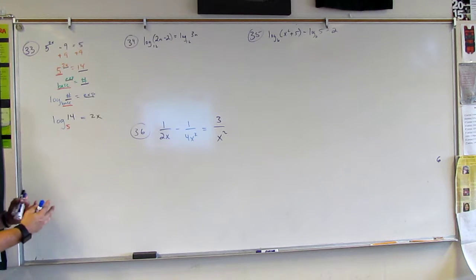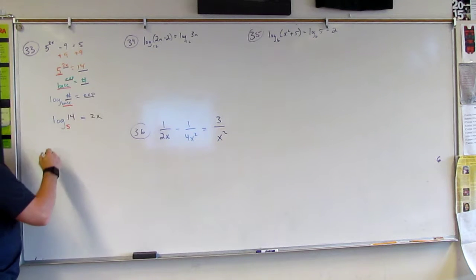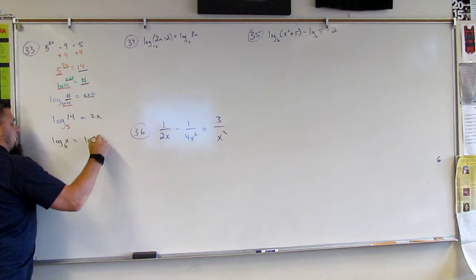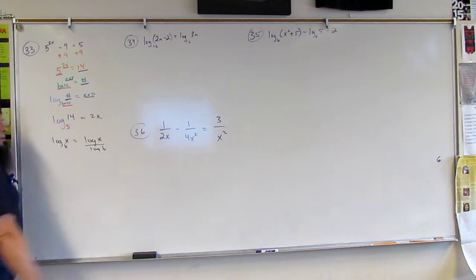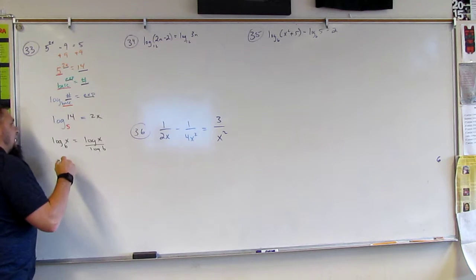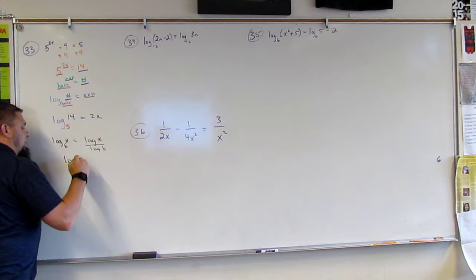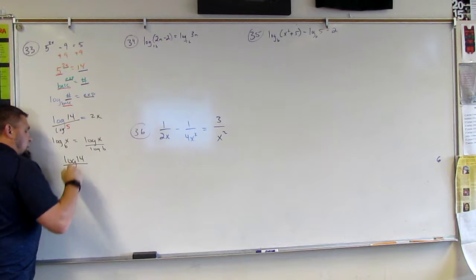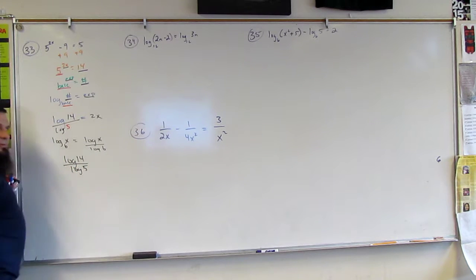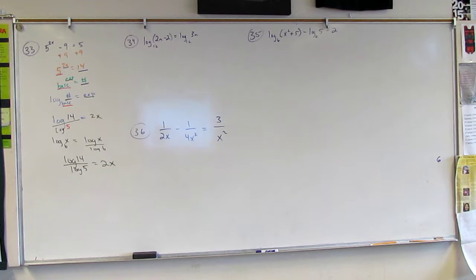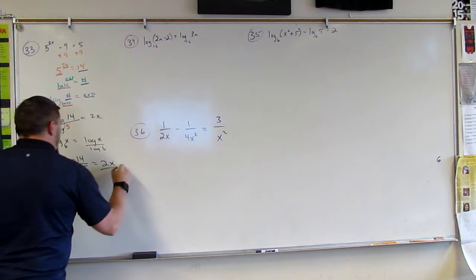Now, to solve this, we need that rule: log base b of x is equal to log of x over log of b. So that means log of 14 divided by the log of 5 is equal to 2x. Divide by 2.